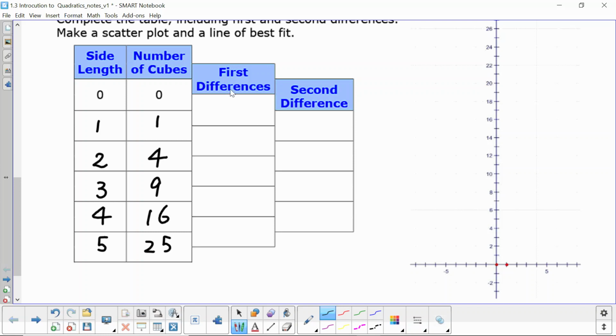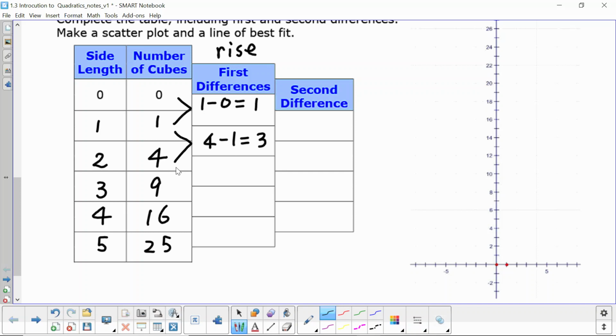And what the first differences mean is just the rise. The difference of the y values, from 0 to 1, the difference in the second column. So 1 minus 0 gives you 1. Then from y value 1 to 4, the rise is 3.